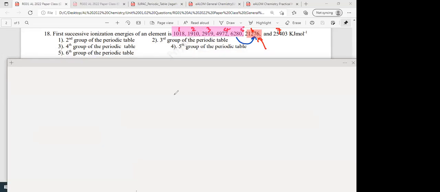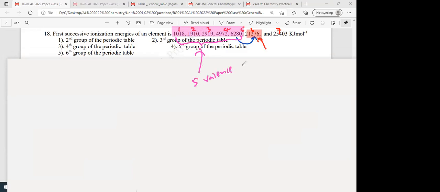So right here the first 5 electrons are removed from the outermost shell. 5 valence electrons. Then you can easily understand to which group it belongs. 5 valence electrons. That's why those 5 electrons are easily given out.